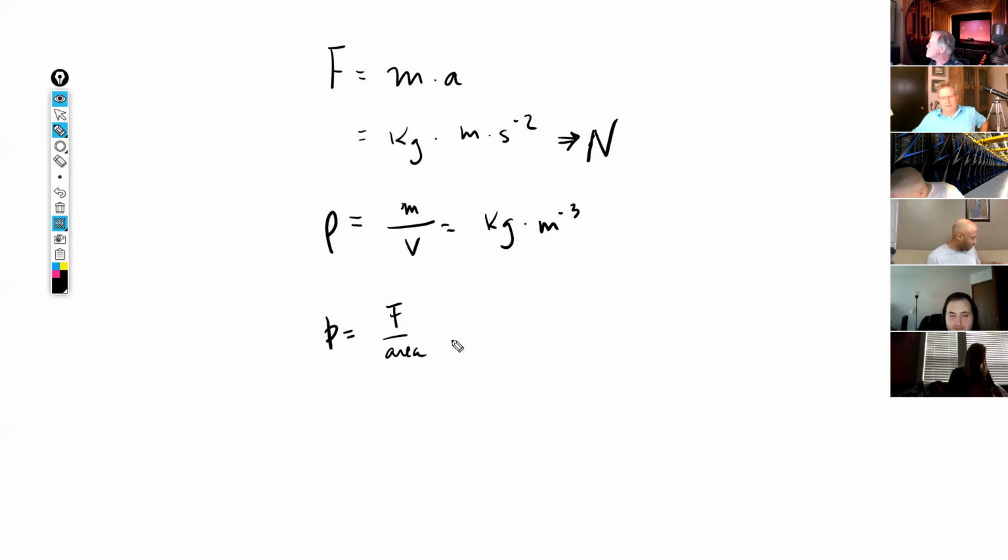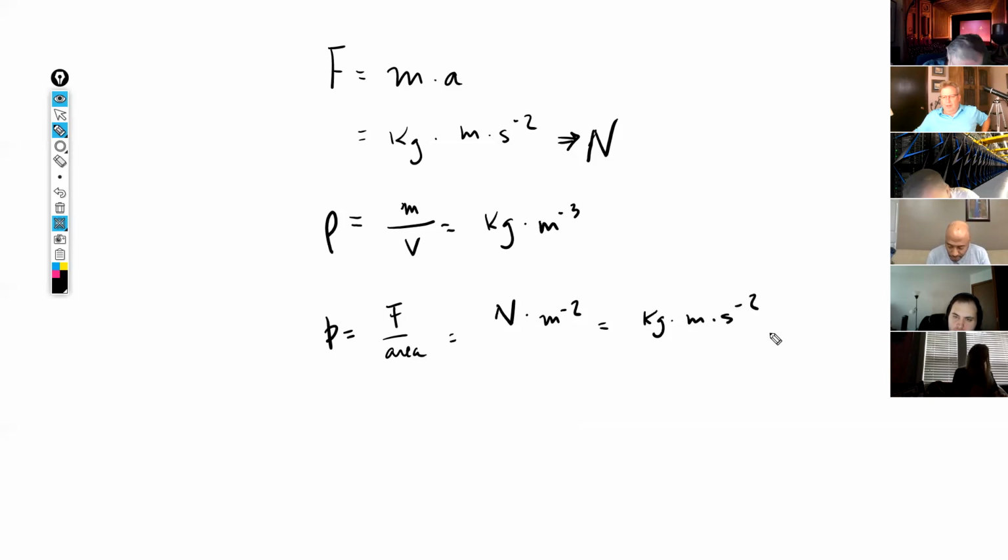Force is mass times gravity, in Newtons. Area is meter squared, so pressure is a Newton per meter squared. But a Newton is a kilogram meter per second squared, per meter squared. So what does that equal? Simplify this.